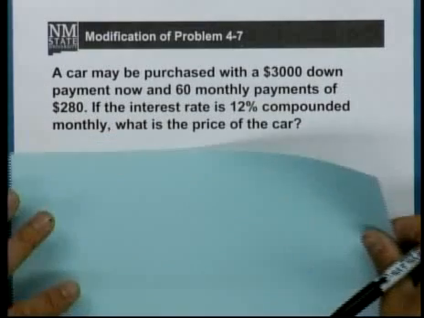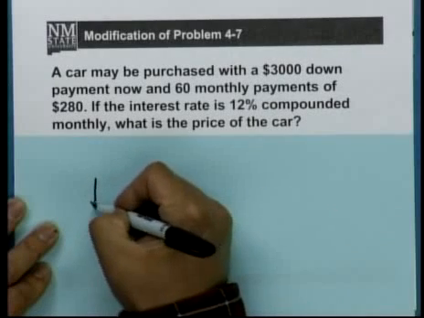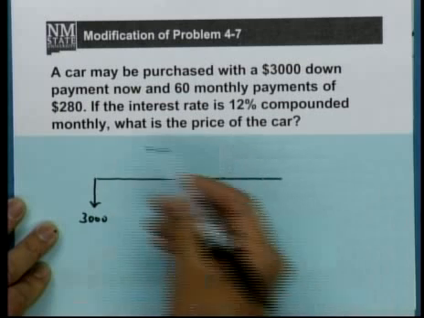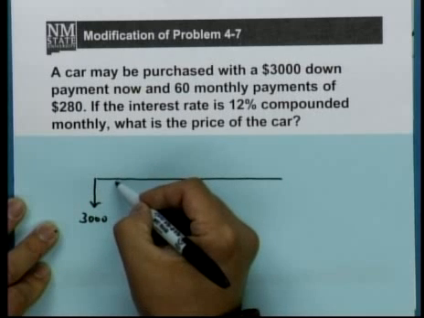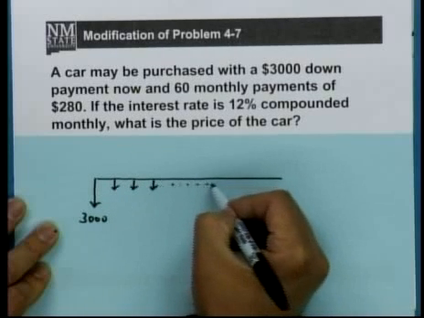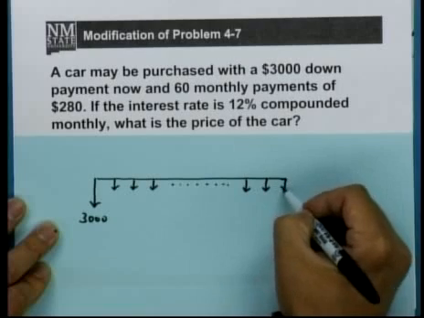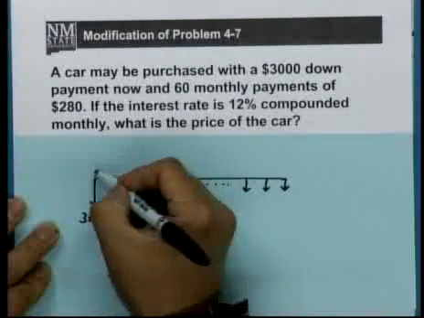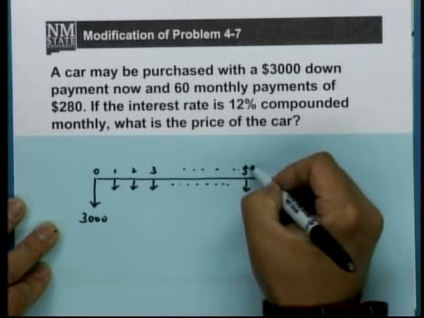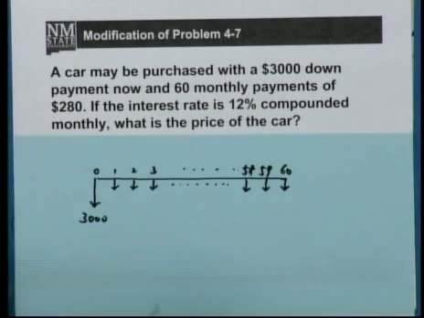Well, let me redraw the diagram. We have a down payment of $3,000 because we are going to have negative cash flow. All the arrows should be pointing down. Okay, so 0, 1, 2, 3, and so on, 58, 59, up to 60, right?